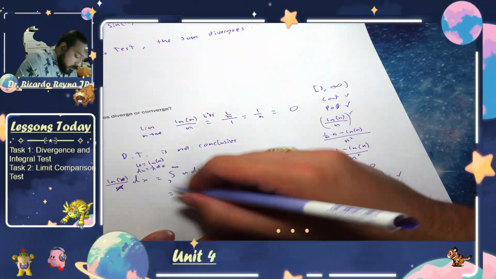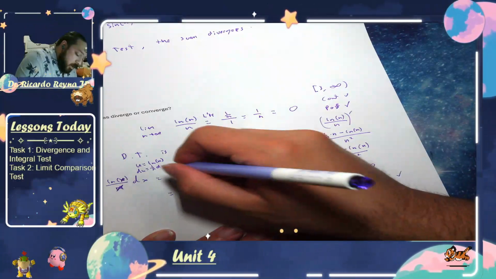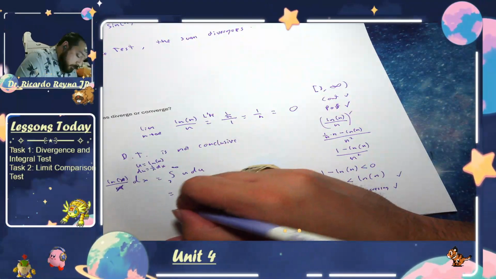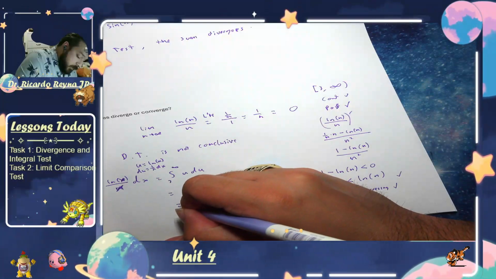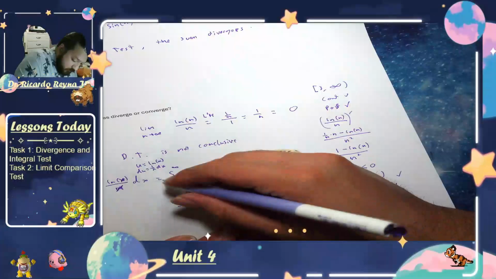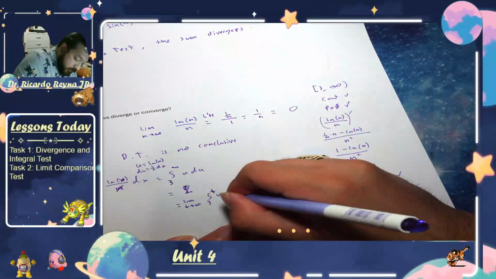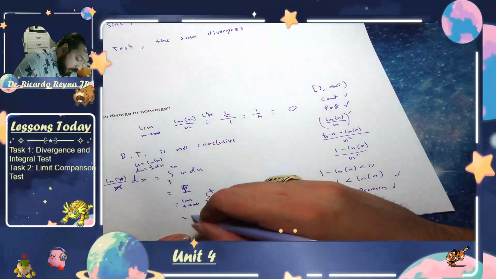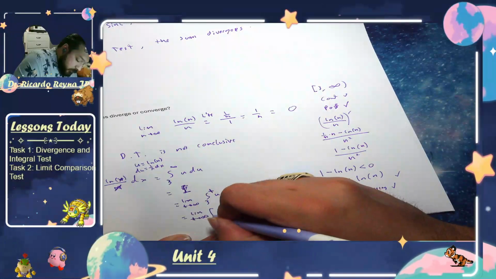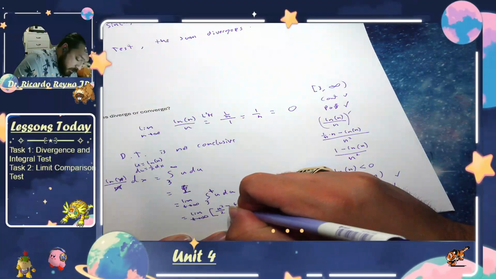Oh, I forgot to replace the limit with t. It's an ugly 3. And now I can go ahead and do the integral. U squared over 2 from t to 3.